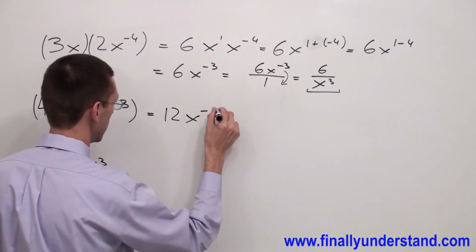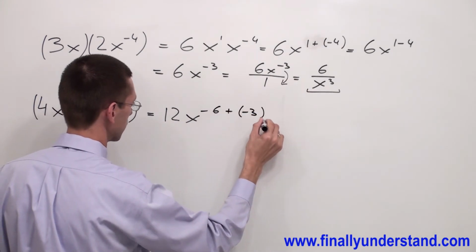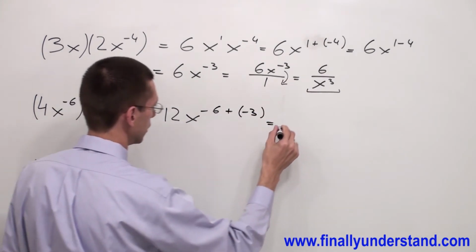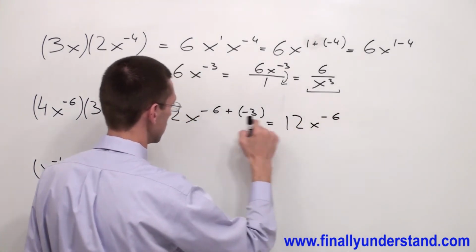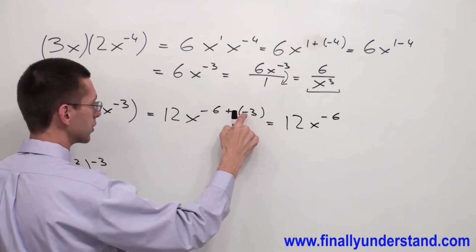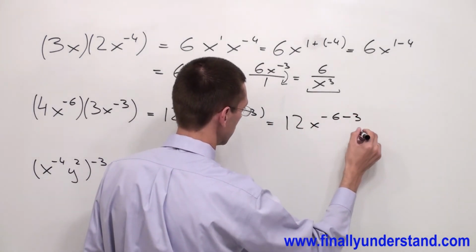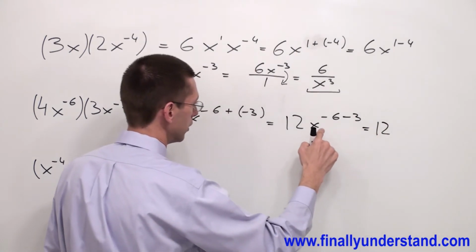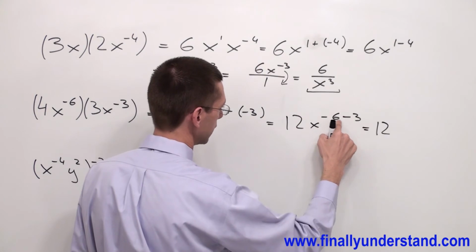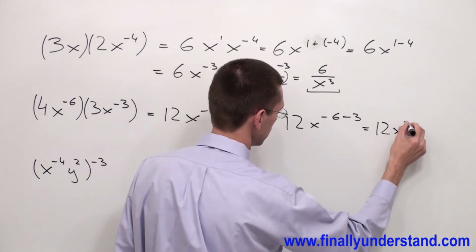That's why I'm going to have minus 6 plus minus 3 equals 12x. Minus 6 positive times negative gives me negative 3 equals 12. Negative 6 and negative 3 is negative 9. So this is x to negative 9.